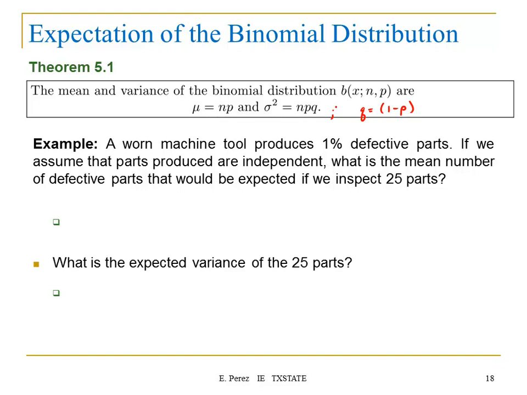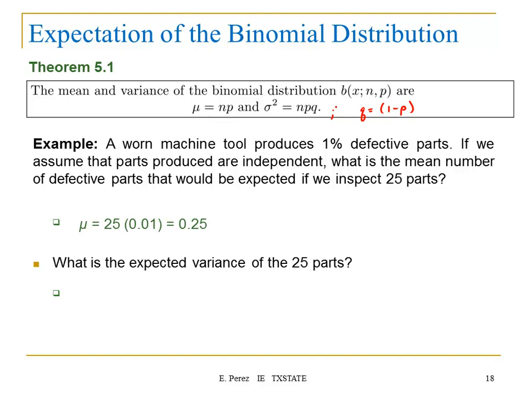So we can say that this random variable follows a binomial distribution. So we can find the mean using this. So the mean is just the number of items, in this case 25, times the probability. So that will be 0.25.